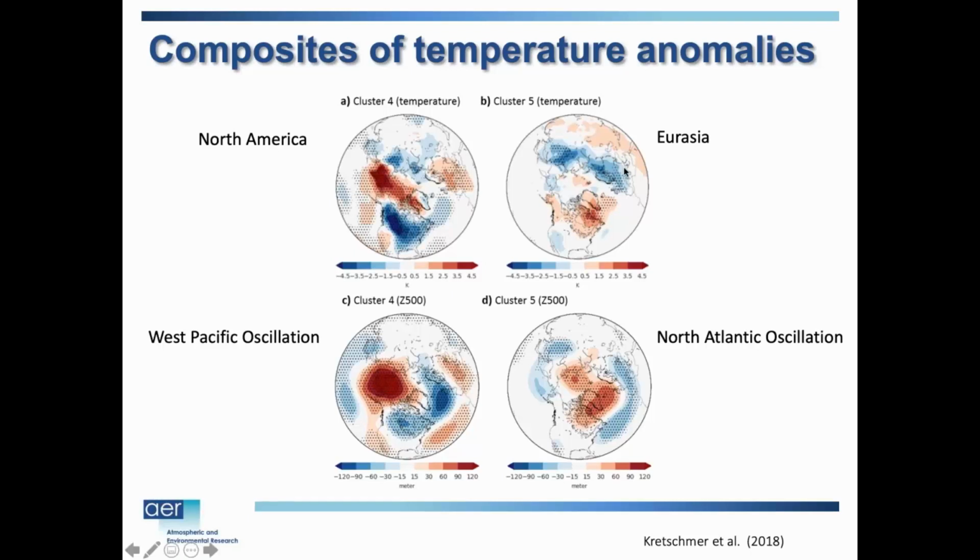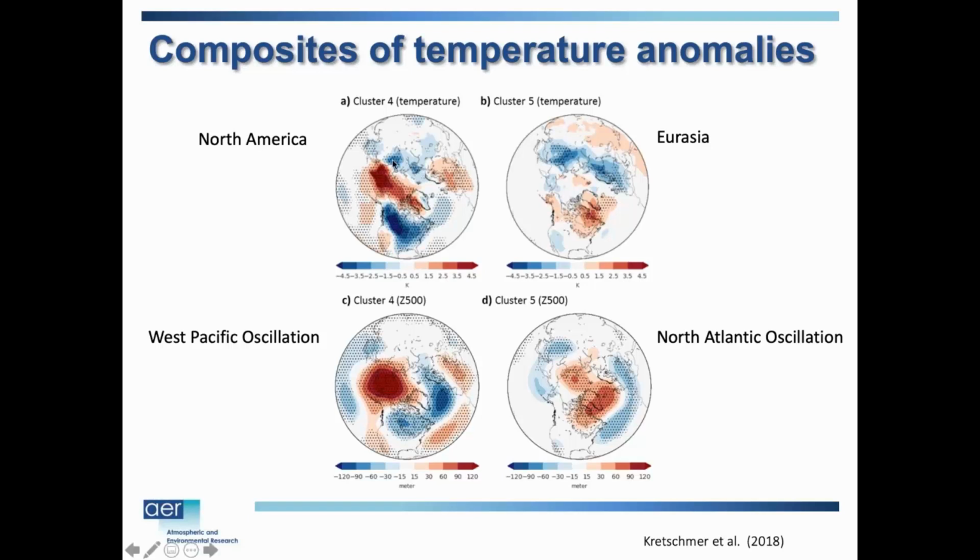And again, here are those temperature anomaly differences. But also, if you look at the sea level pressure anomalies, for cluster 5, which is the strongest polar vortex disruption, you get the canonical North Atlantic or Arctic Oscillation pattern, right, with high pressure over Greenland and Iceland, and low pressure stretching from the east coast to Portugal.